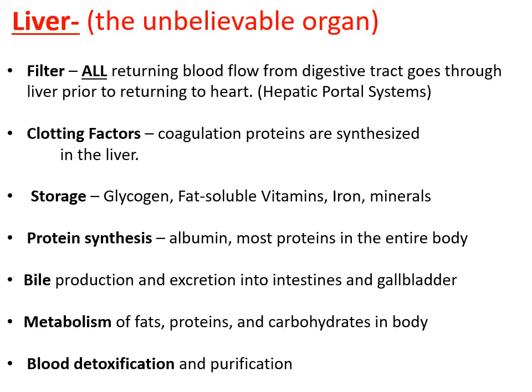Okay, so let's start with the liver. The liver is really an unbelievable organ. It does so many things. Okay, so let's think of most of the blood returning from the gastrointestinal tract going into the portal vein, and the portal vein is taking everything from the gastrointestinal tract and it's taking it up to the liver.